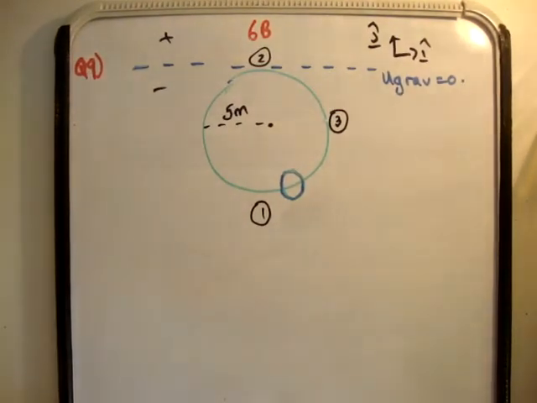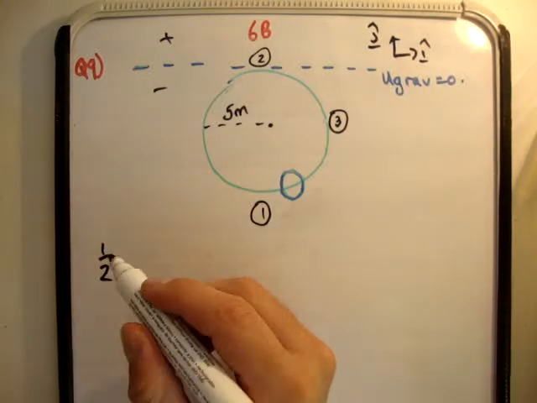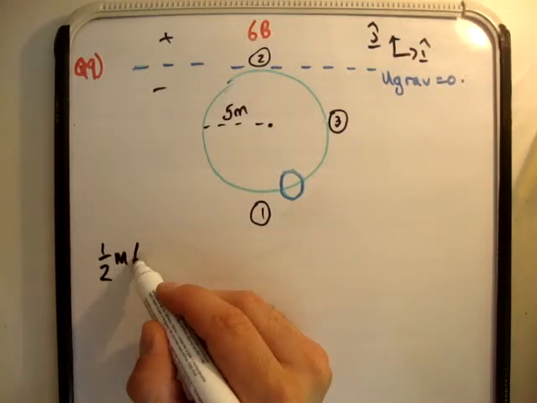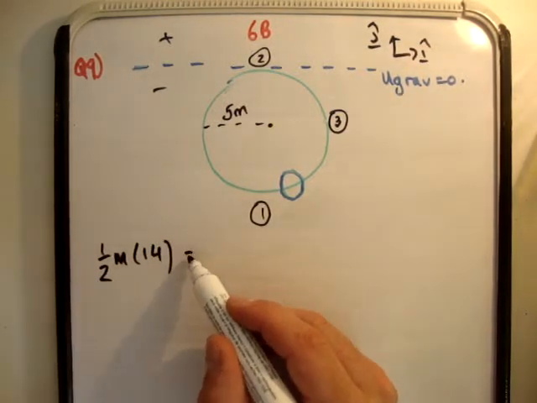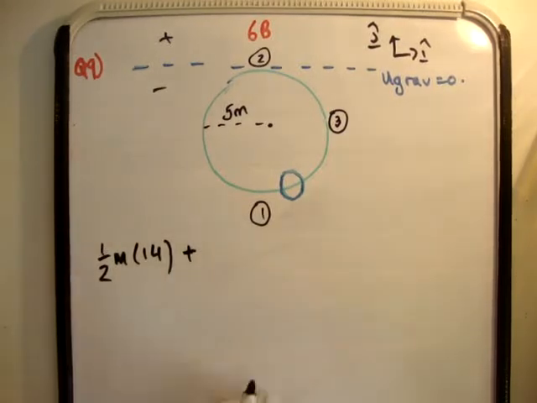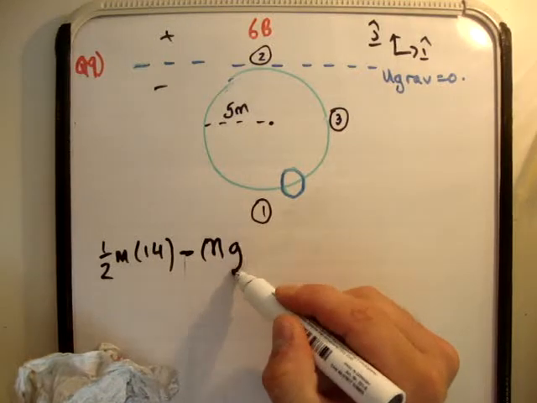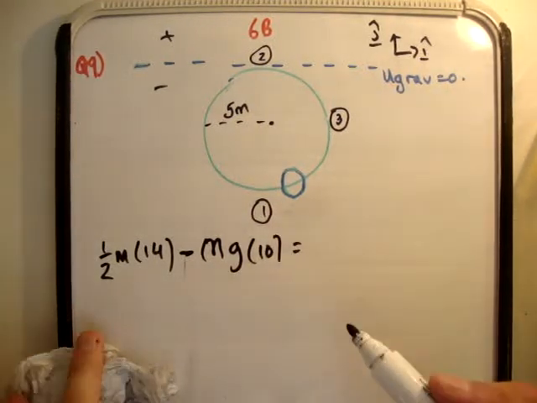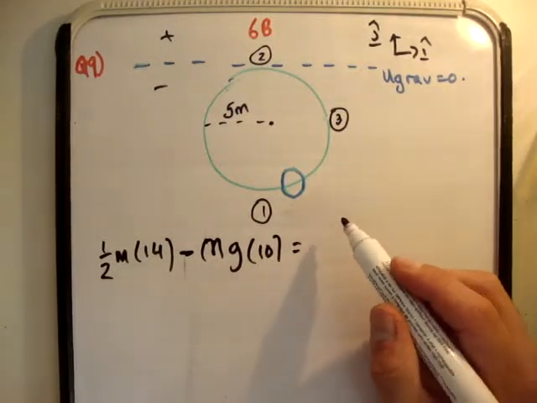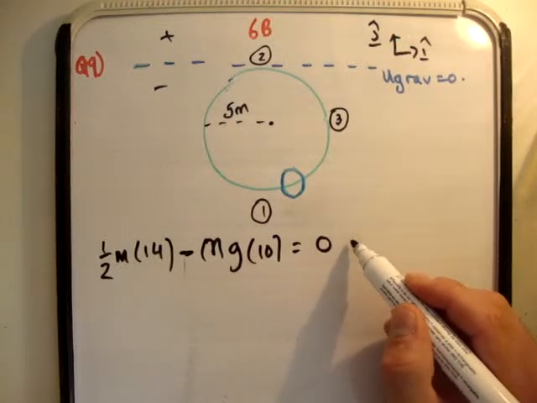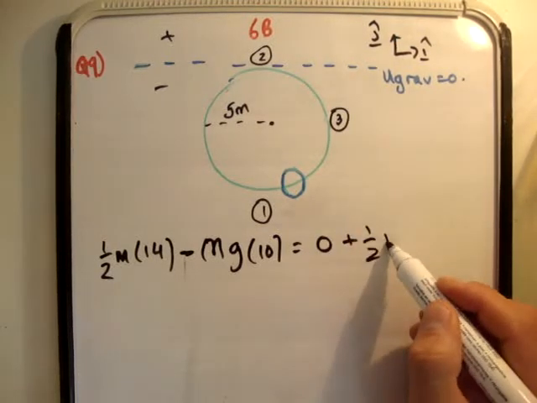So once again, I'm just going straight into it. So the half mv squared, so that's 14 at point 1, plus the potential energy at point 1, so that's negative mg times 10, is equal to the potential energy, which is 0, plus the kinetic energy, half mv squared.